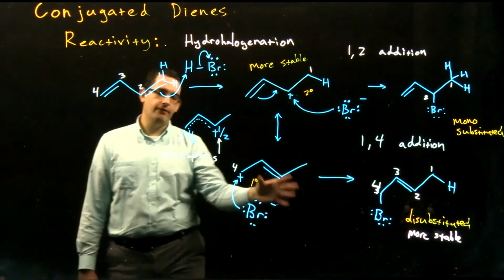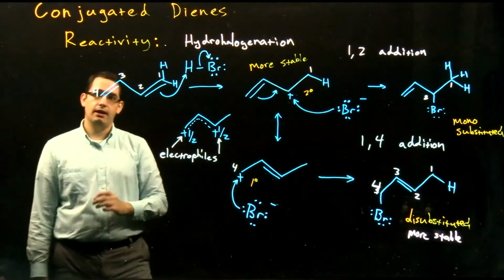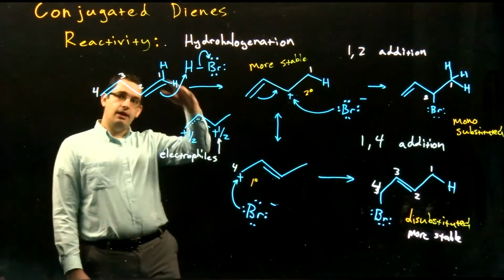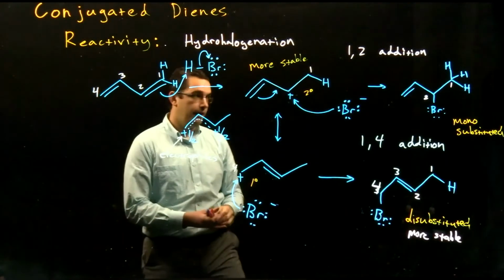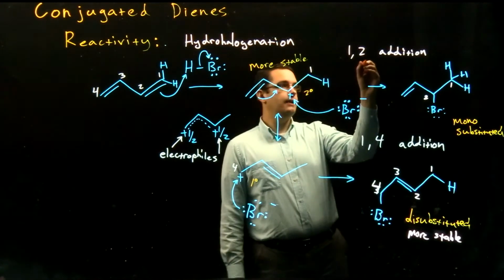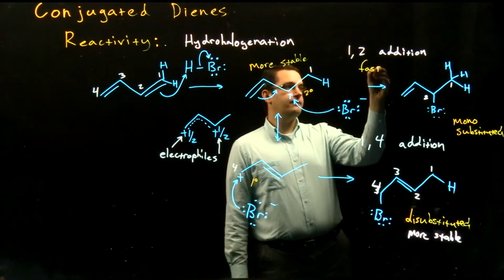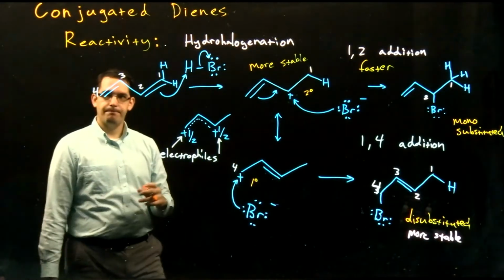Right? So here we have a higher transition state. Here we have a lower transition state. Lower transition state, it's easier and faster to go over that and get to our product. So our 1,2 addition product is the faster product, right? Where we can produce that more quickly.